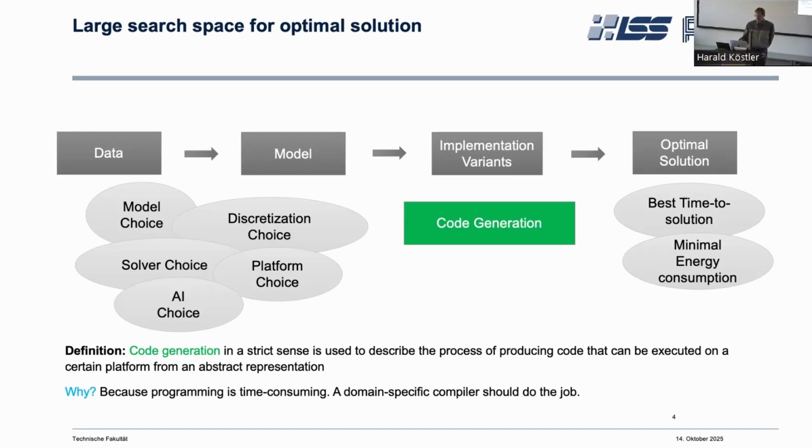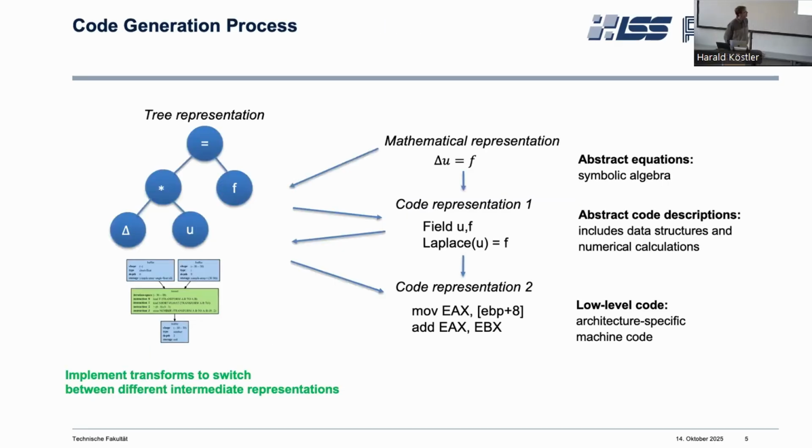So how does this look in more detail? If you look at this overview here of the process, then typically we start with an abstract, close to mathematical representation of our problem. So a standard problem is here, for example, you want to solve a partial differential equation.